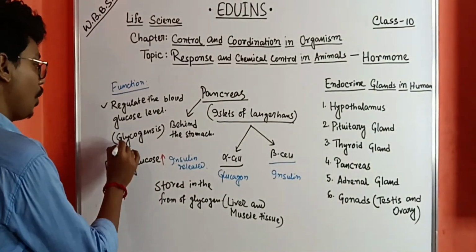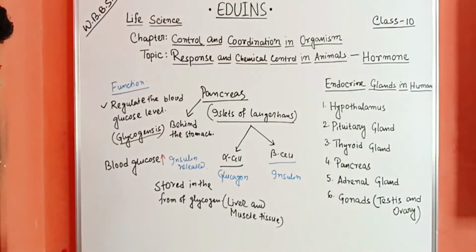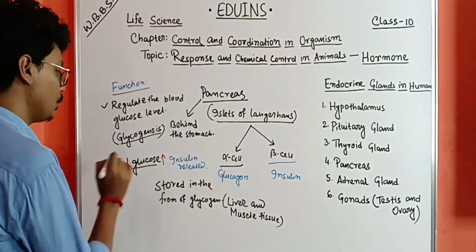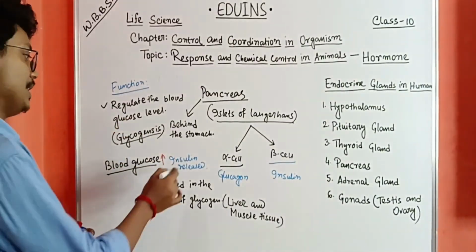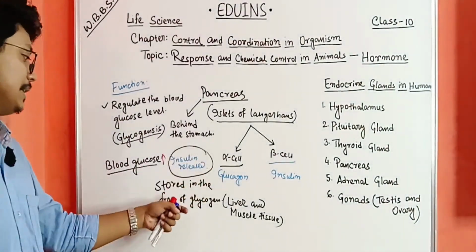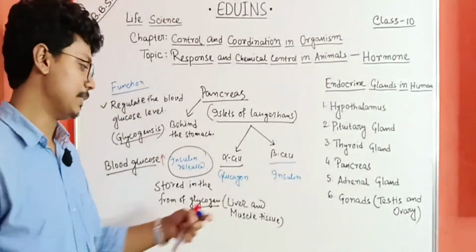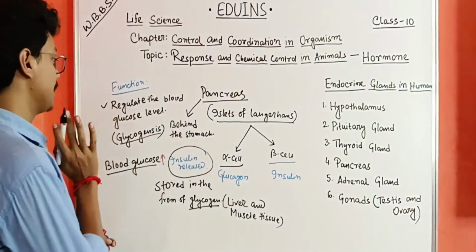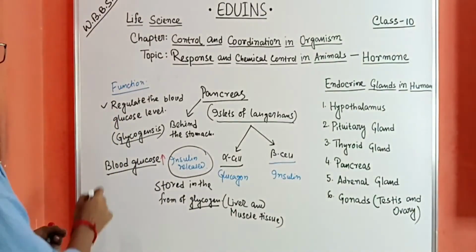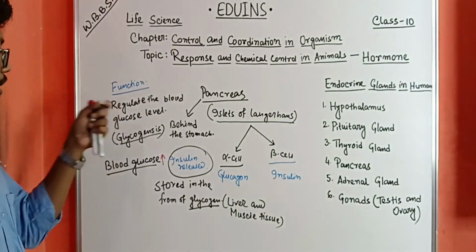This process is called glycogenesis, conversion of glucose by insulin and storing it in the form of glycogen in liver or muscle tissue. This is the function of insulin.